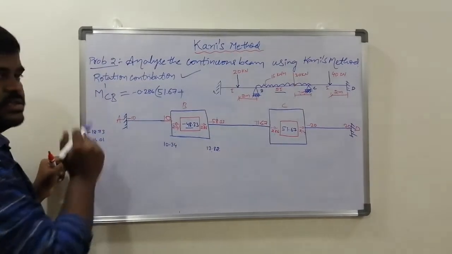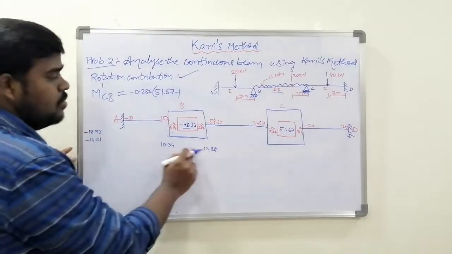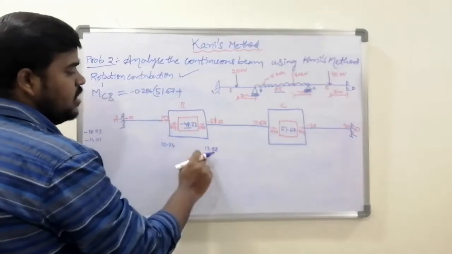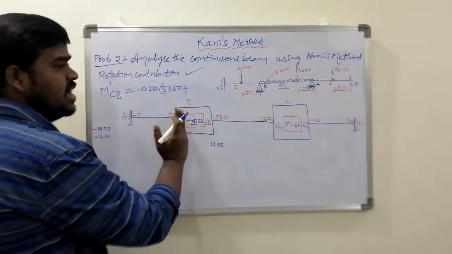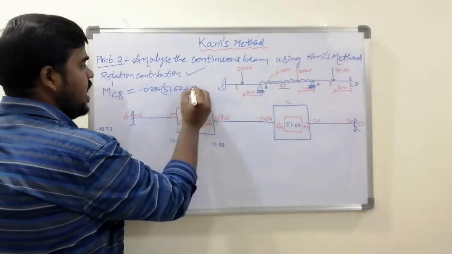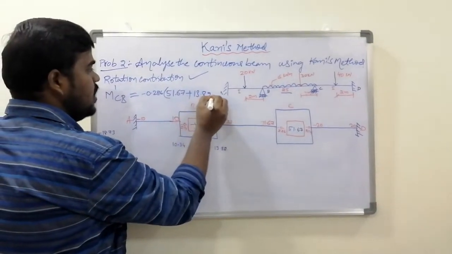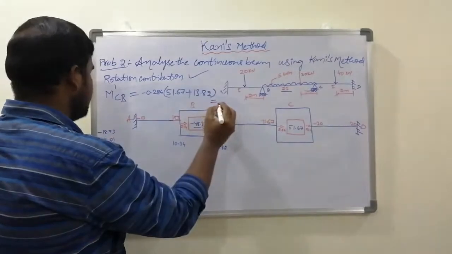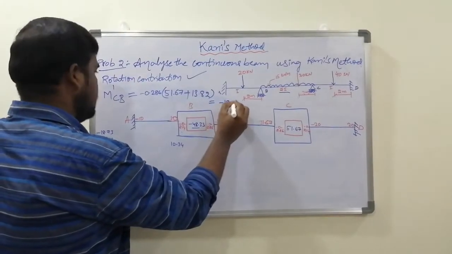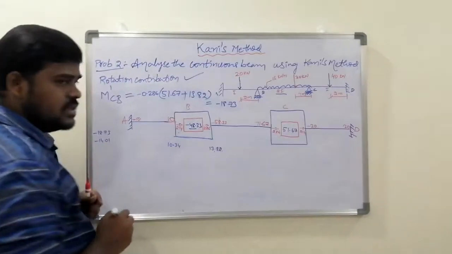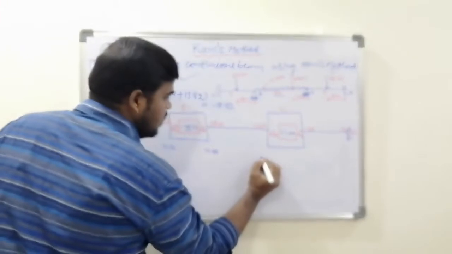For the earlier joint that value is 0 because the far end is fixed, but for this joint we have 13.82 as we are starting from B. So I will add 13.82 here, and the answer will be minus 18.73, that I am writing here.